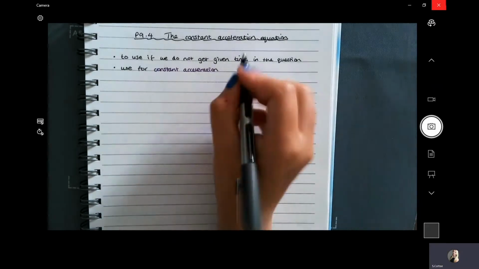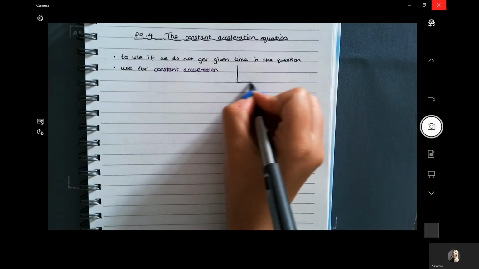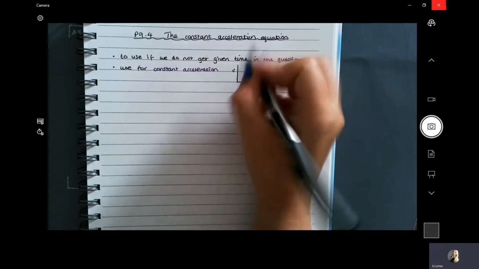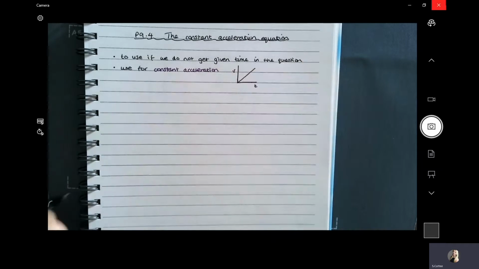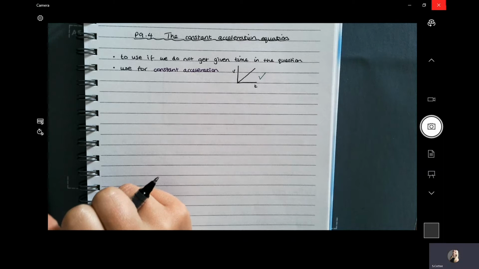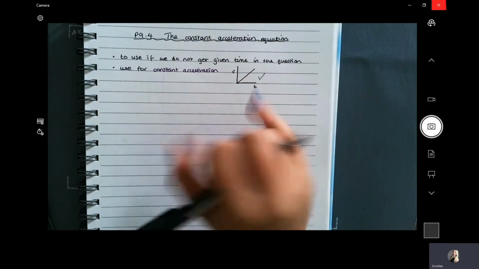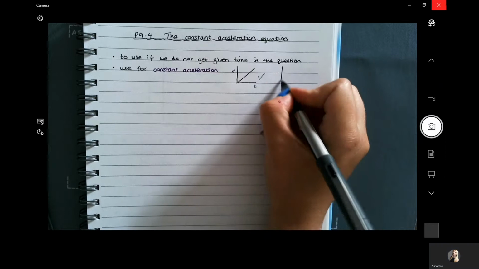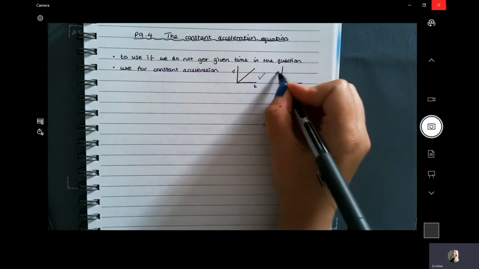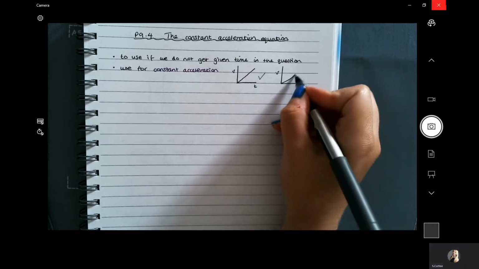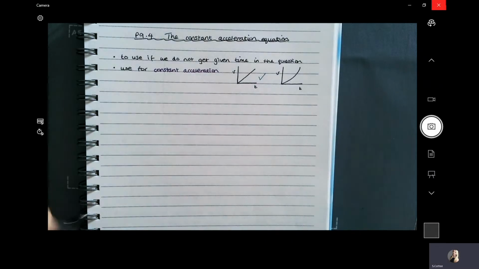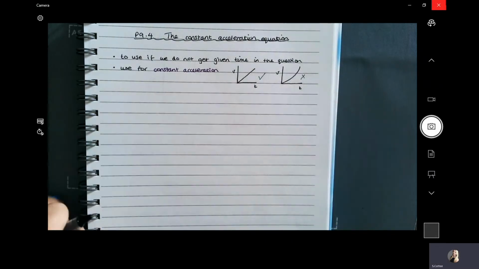So for example, if we have a look at a velocity time graph that is a straight diagonal line, then we can use the constant acceleration equation for a journey such as this, even though of course we wouldn't really need to because we would be given a time value. If we have a journey with a velocity time graph where we have a curve, then we wouldn't be able to use this as that is not a constant acceleration.